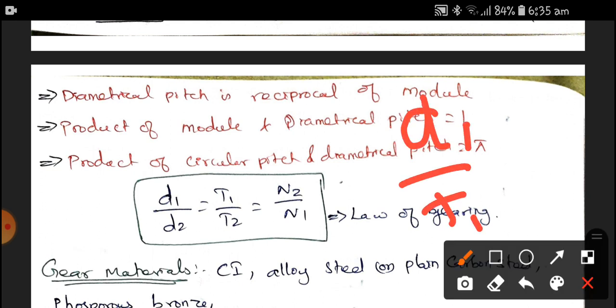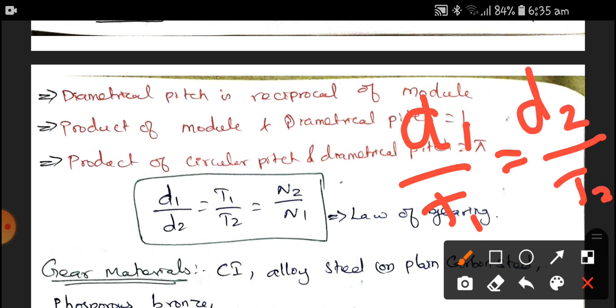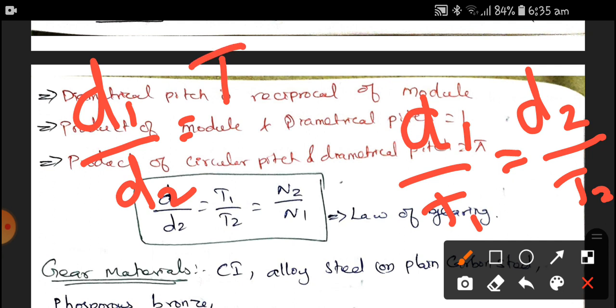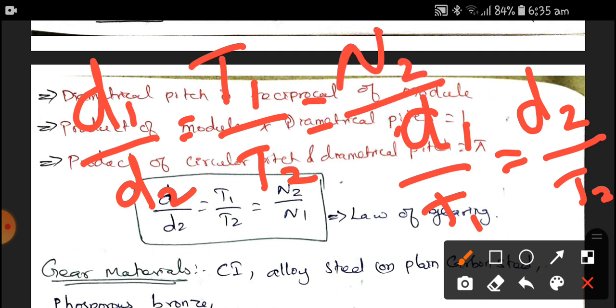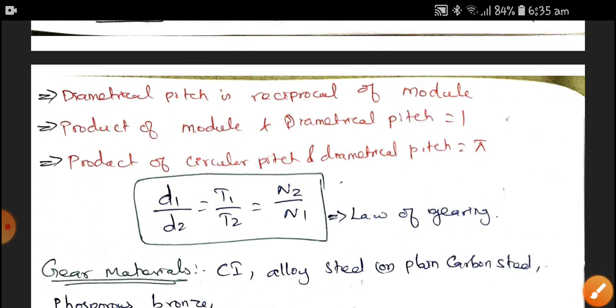If we want to compare two gears, it is very simple. Therefore d1 by d2 is equal to T1 by T2, and therefore the speed becomes the reciprocal of the teeth, that is N2 by N1. So this is the law of gearing.